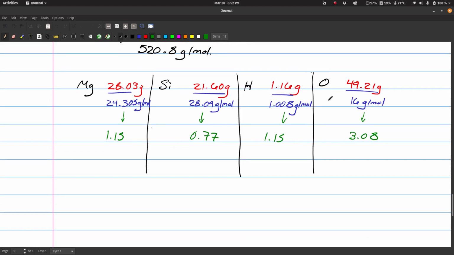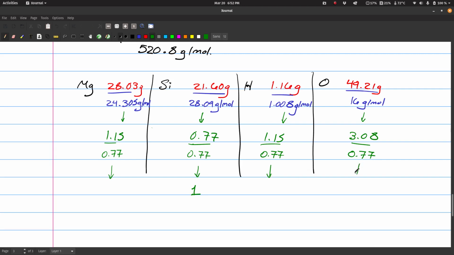So now that we have our molar ratios, these are the moles that we have from the sample analysis, we have to divide all of these by the lowest number, which is 0.77. Alright, so looking at these, I know that this is going to be 1.